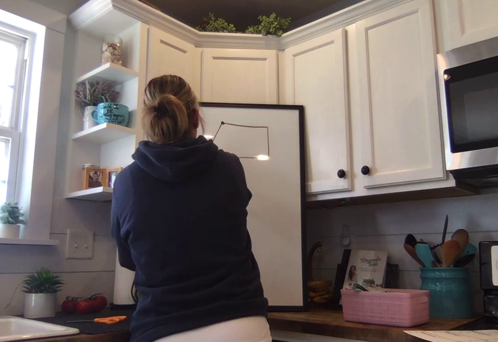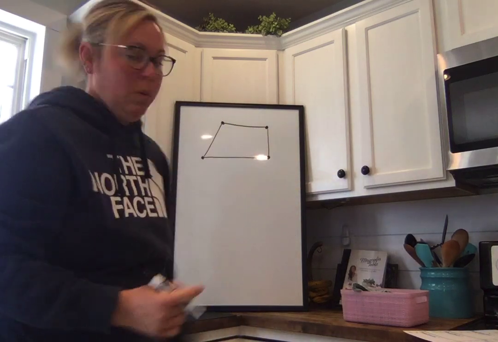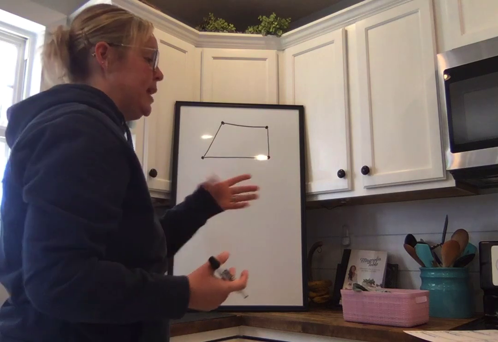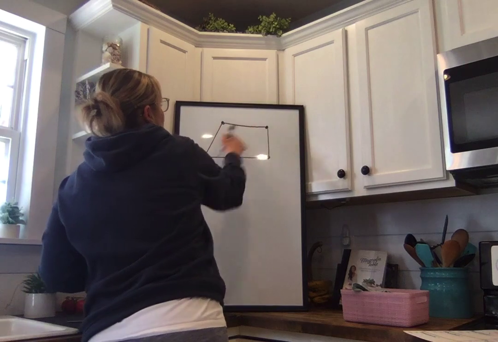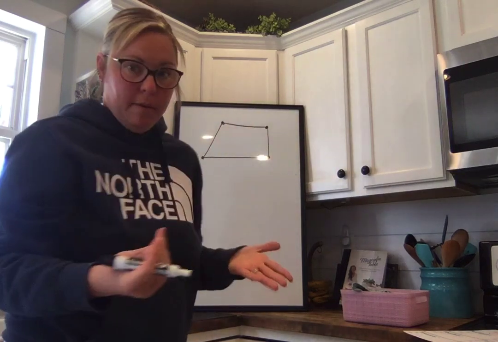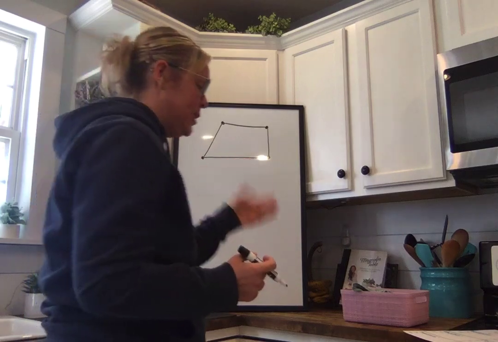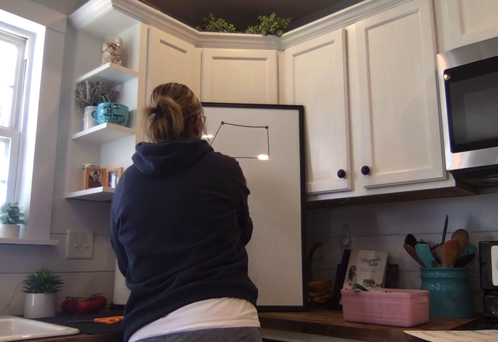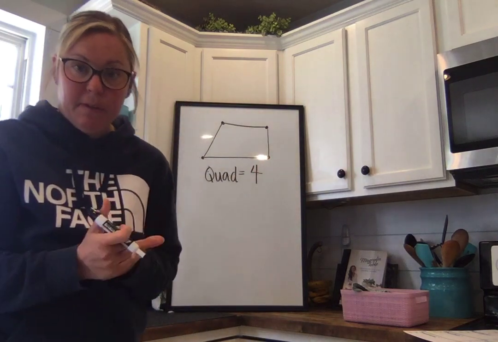Each of the points where the lines meet is known as a vertex. So a quadrilateral has four sides, it has four angles, 1, 2, 3, 4, and it has four vertices where those sides meet. So that's a quadrilateral. The word quad, anytime you see it, means four. So far so good?